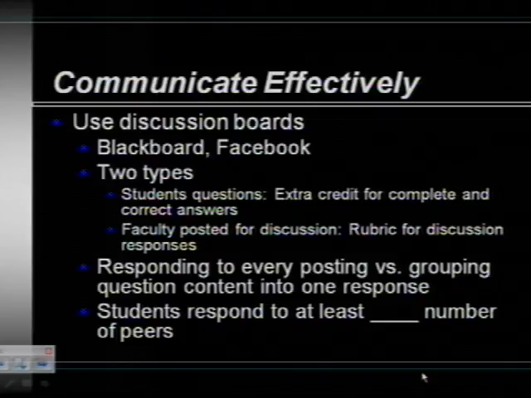If it's a faculty posted discussion question and you want people to reply, if you have 250 people in the class and everybody has to reply, it's not much of a discussion. It's more like just post some stuff, you know. There's no thread. So you might, throughout the semester, post 4 or 5 faculty questions, and students have to respond to at least 1. Okay? Then you don't have so many to keep track of.